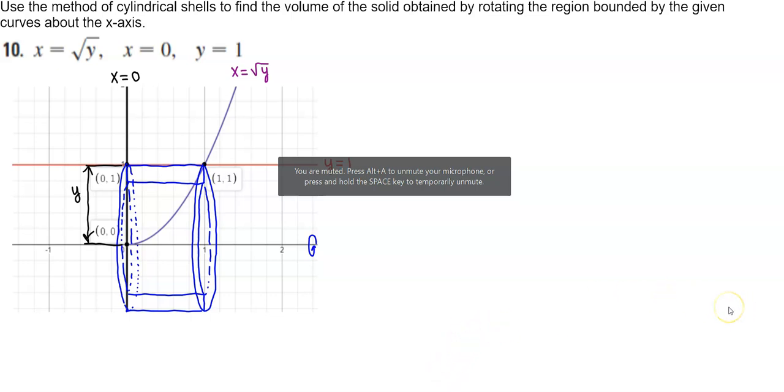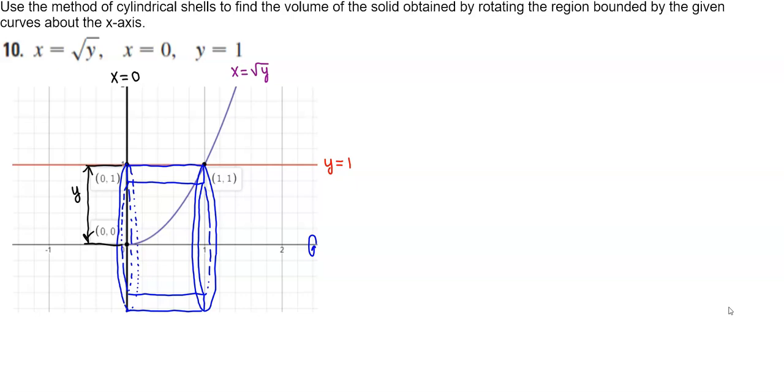The height of the function is the actual function itself, and that height represents the square root of y. So that's the height, and this is the radius, and we know what the thickness is.